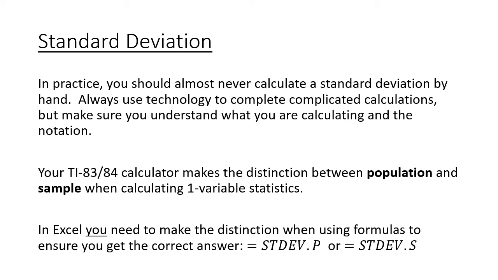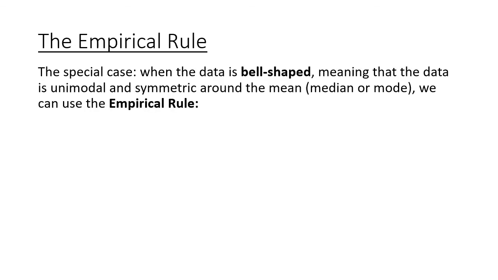The way they distinguish the standard deviations in Excel is typically either STDEV.P for population or STDEV.S for sample. And again, I'm going to do an entirely separate video on the Microsoft Excel functions or formulas on how to calculate those.